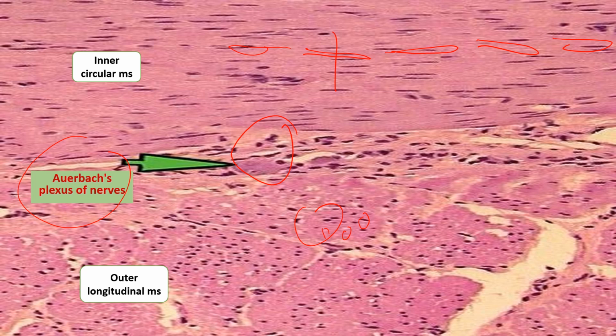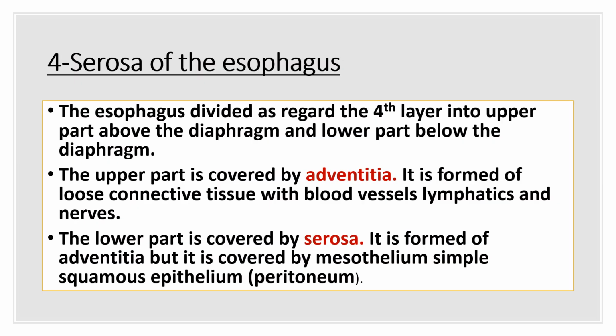Finally, esophagus is not covered by peritoneum, so the last layer will be adventitia, except the lower 2 cm, which will be covered by serosa. What is serosa? It is connective tissue covered by simple squamous epithelium, which is called mesothelium. Okay? This was the end of the esophagus histological structure.